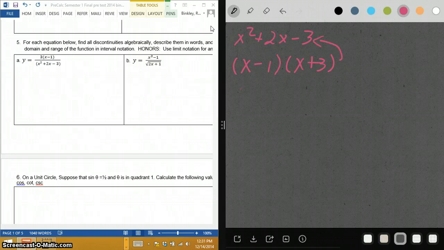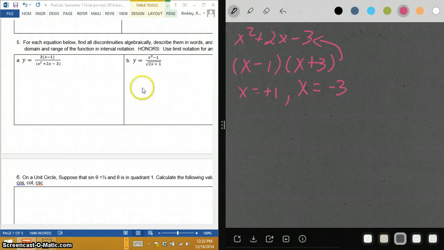And in this case, it's easy to see that if this was going to be 0, our actual solutions are x equals positive 1 and x equals negative 3, because both of these numbers make this equation equal to 0, which is how we find the solution.